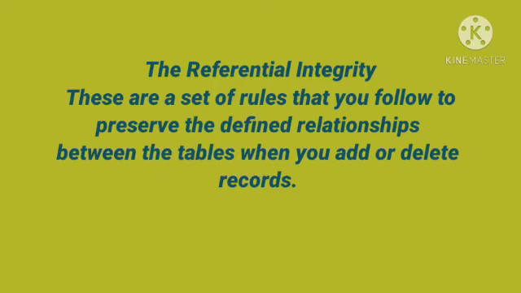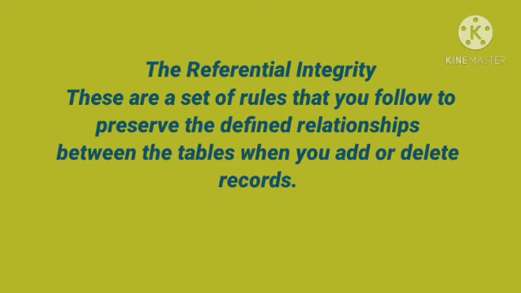The second option is to enable cascading deletes. This causes the deletion of all the related records in a detail table when the corresponding record in the master table gets deleted.